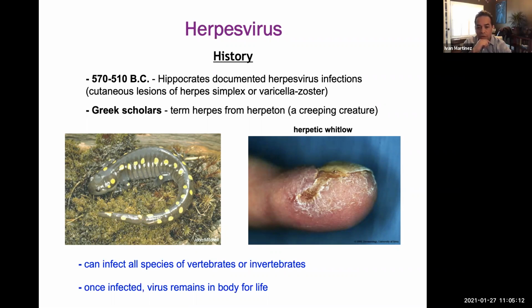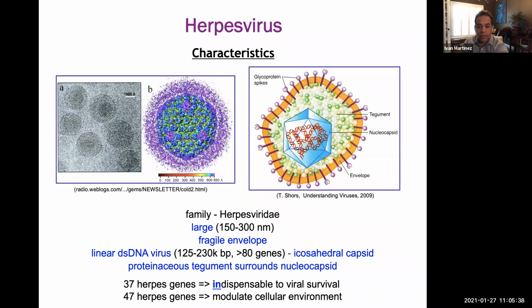Now we know, of course, that herpes viruses can infect literally all species of vertebrate or invertebrate organisms on this planet. One characteristic of herpes viruses is that the moment they infect you, they're going to be in your body for the rest of your life. I'm going to explain why. It's almost impossible to get rid of herpes viruses once you get infected.